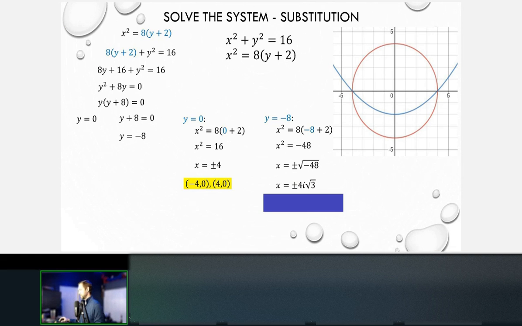So yeah, they don't exist. So we do not put those answers. We only care about the real solutions, the ones that you can actually see on a graph. Yeah, not too bad, right? Not too bad. Substitution method.